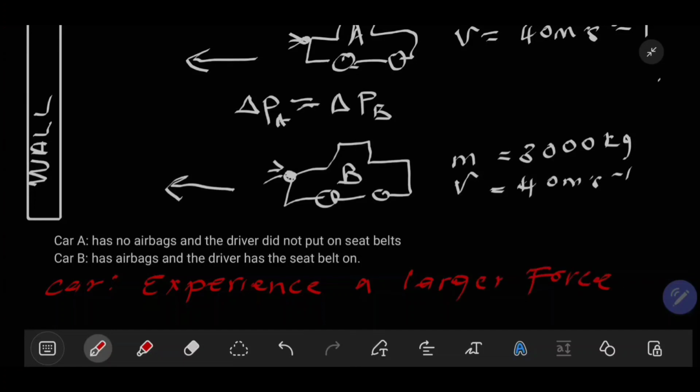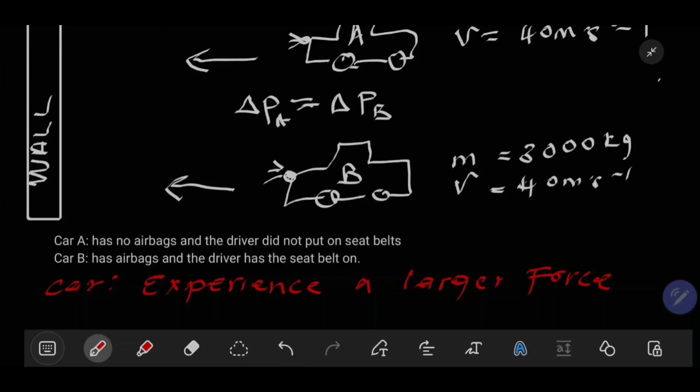When we say the driver will experience a larger force, we mean that obviously the car does not have airbags, so the driver will get injured easily and fast. The driver in car A will come to a stop first, because obviously he did not put on the seatbelt. If the car crashes, he will crash on the steering and other things in the car. So he will experience a larger force.